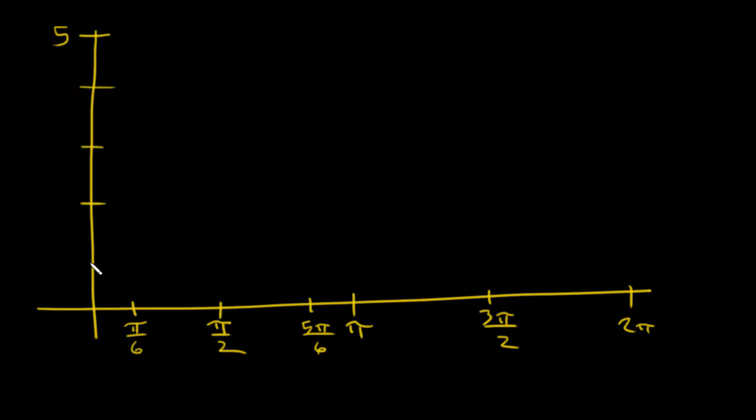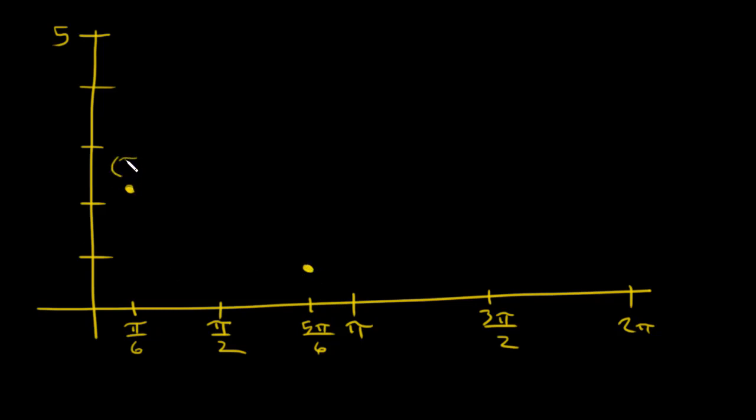First one is going to be at pi over 6 and about 2.2. That one was a max. And for the next one, 5 pi over 6 and about 0.8, somewhere around here. I should probably label these.